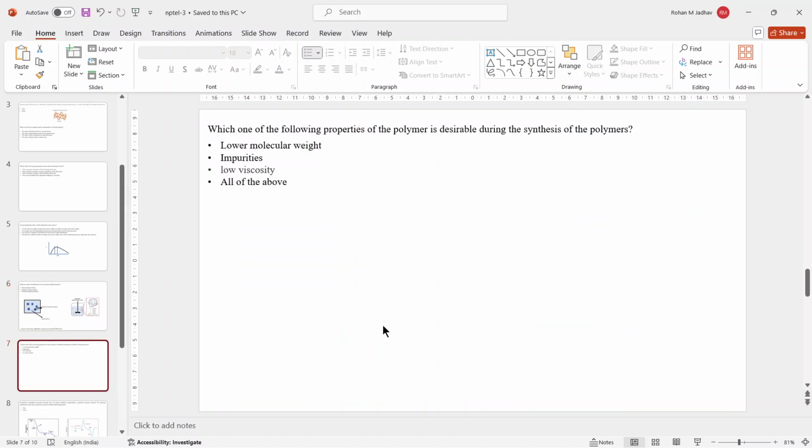Next one we have is: which one of the following properties of the polymer is desirable during the synthesis of polymer? So, for example, if you are synthesizing it, what are the properties which are desired? First of all, lower molecular weight will not be desired, because you want the monomers to polymerize as much, which means that you will need a higher molecular weight.